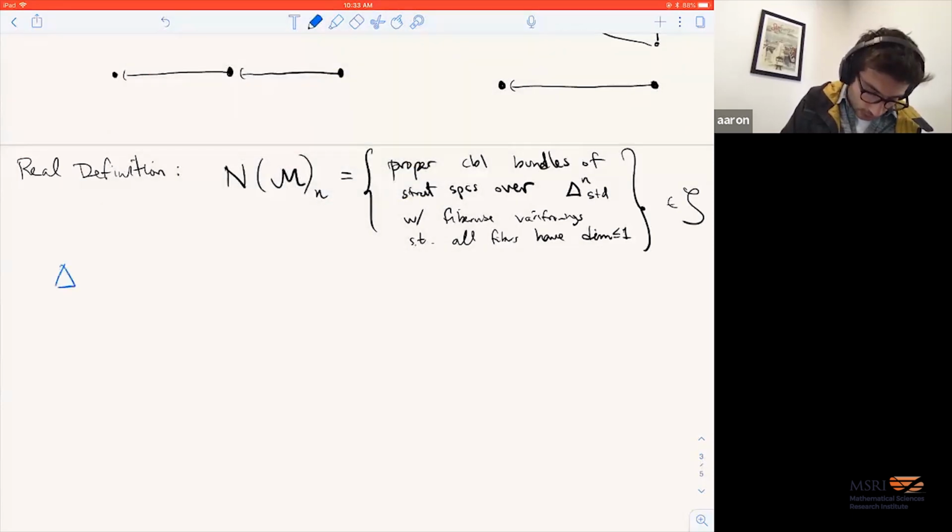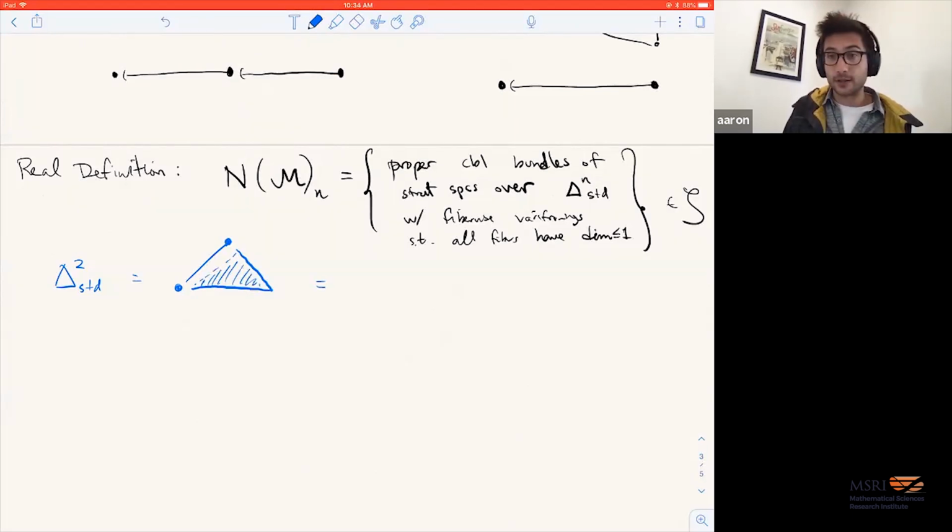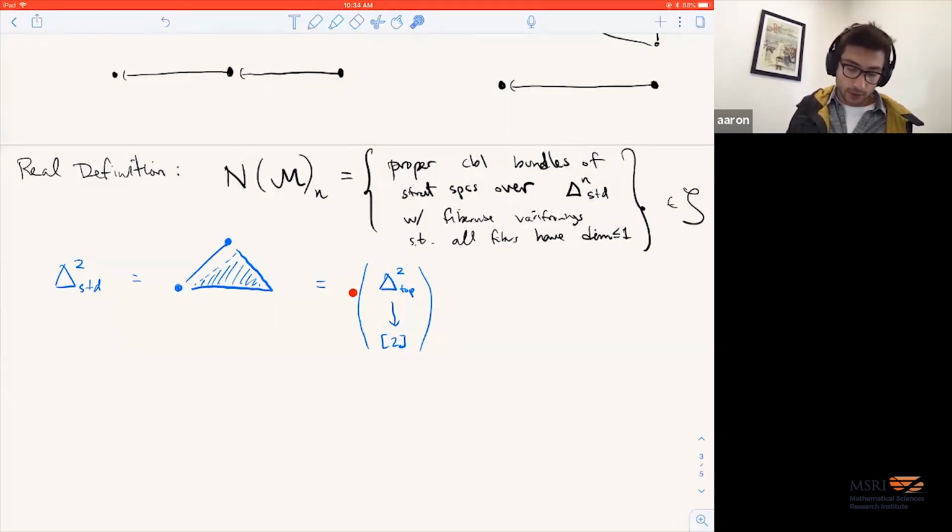So delta 2 standard, you could draw it like this. There's a stratum, and then there's one last stratum like this. So again, this is a stratified space. In particular, it's a topological space equipped with a continuous function to a poset. And hopefully this picture right here is suggestive of what function I mean to indicate. So keep this in mind.